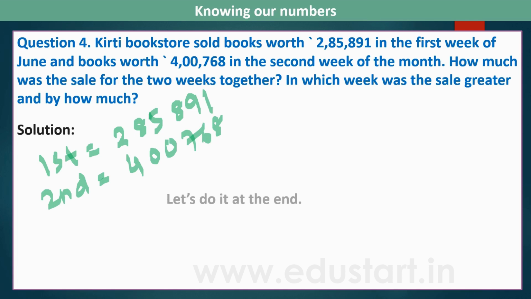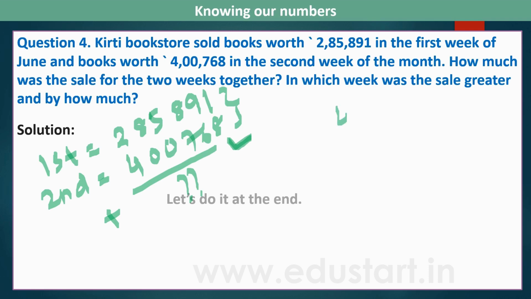So the total sale is equal to this plus this. Now the second question, in which week was the sale greater? If you compare these two numbers, you can find this is bigger. So it means that in the second week, the sale is better, and by how much? So how much means we have to find the difference.